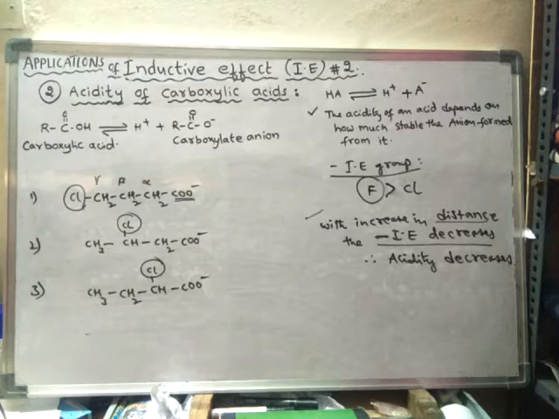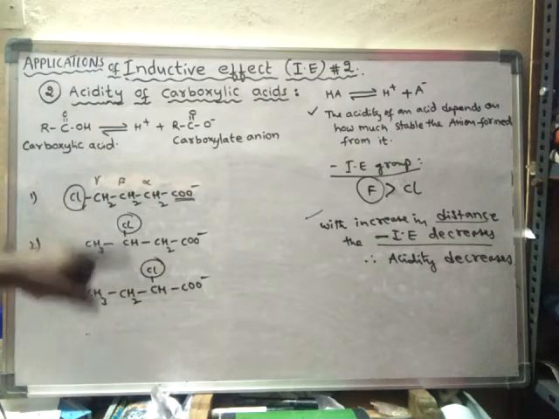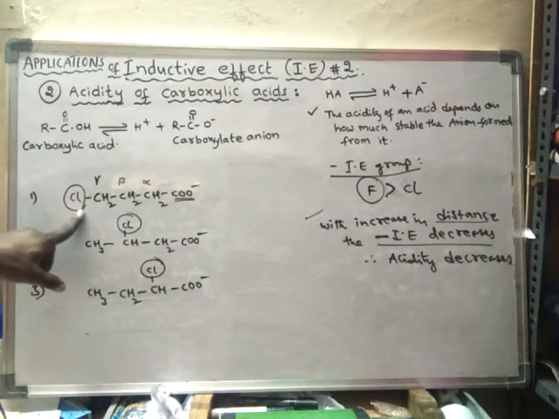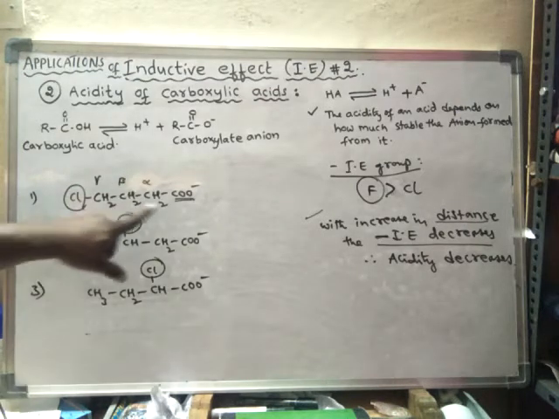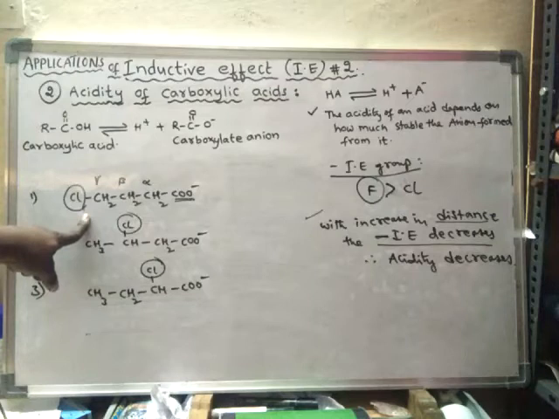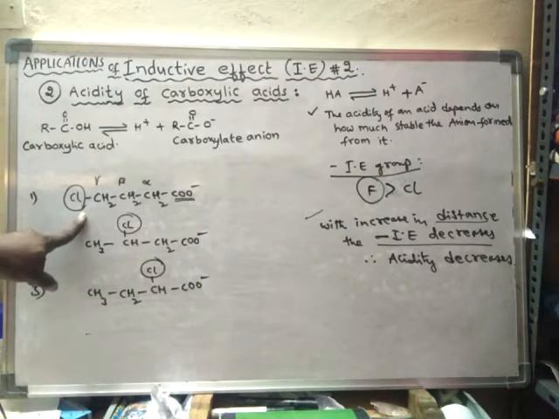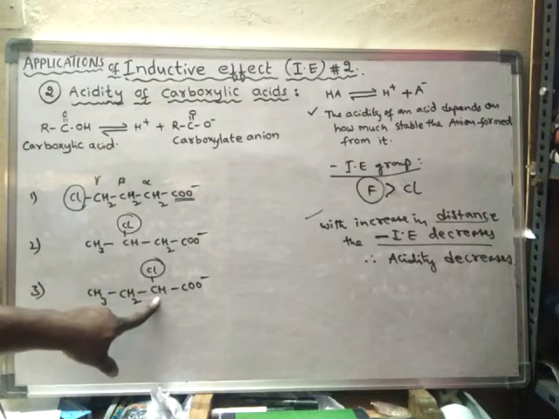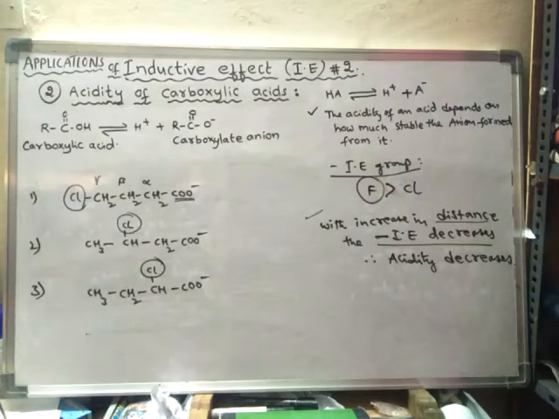Chlorine is a minus IE group, and there is only one chlorine in all three cases. But here this chlorine is far away. Whenever the minus IE group is distantly placed, it will show less minus IE effect. The minus IE effect shown by this chlorine is less when compared to this chlorine, and the effect shown by this chlorine is more.